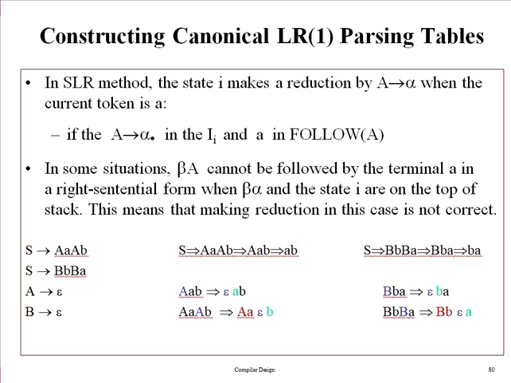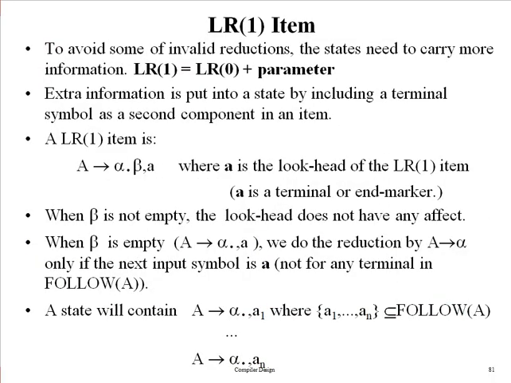But that is not the case in CLR. What we should do is create or add parameters. The terminal symbols are added as parameters when we are generating LR1 items.